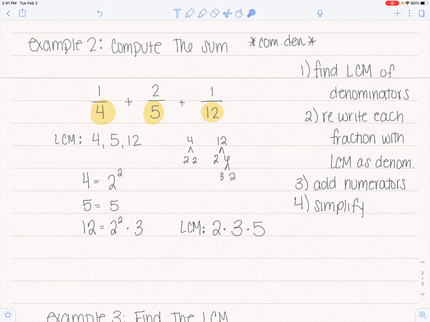Well, on my 2's, I have 2 squared, 2 squared. So the highest exponent is going to be a 2. On the 3, I have just a 3, so it's going to be to the 1 power or no exponent. And same thing with 5. So now my least common multiple is going to be 2 squared or 4 times 3 times 5.